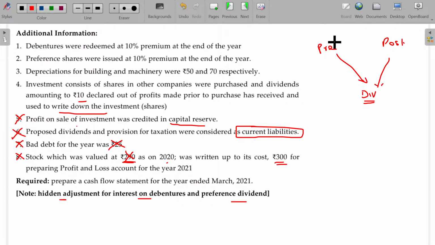If you are receiving the dividend from pre-acquisition profit, then the entry being bank account debit, you have to credit the investment and reduce the investment. If you are getting this from post-acquisition profit, then it is normal profit, transferable to the P&L account, like dividend.